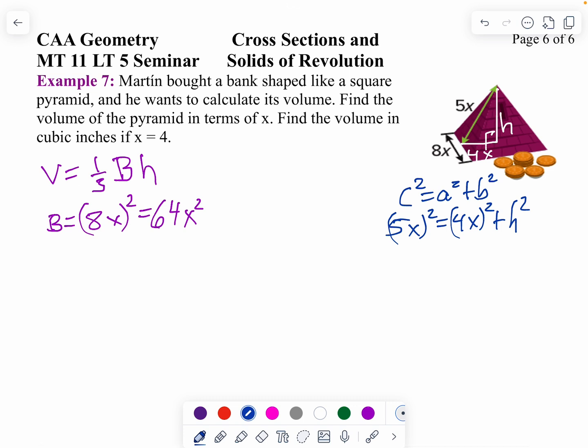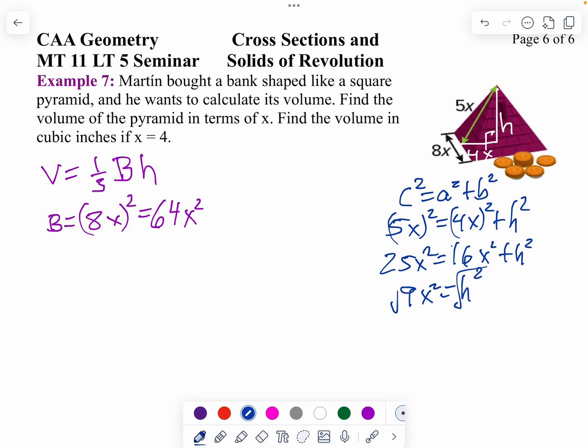So if I do that, notice I get 25x squared equals 4x, try that again, not 4, 16x squared plus h squared. And then if I subtract 16 from both sides, I'll get 9x squared equals h squared.